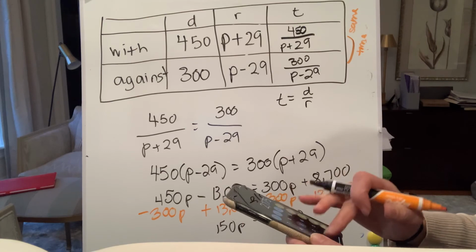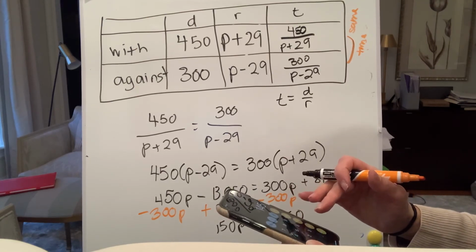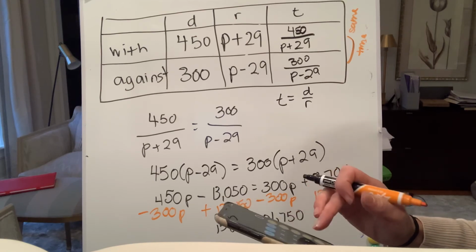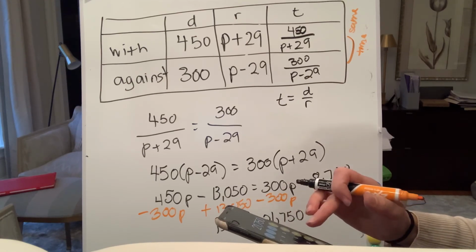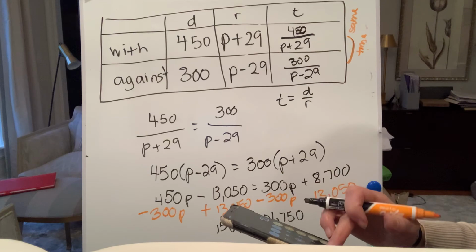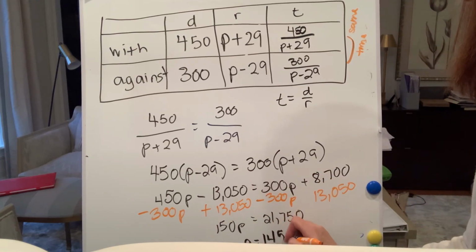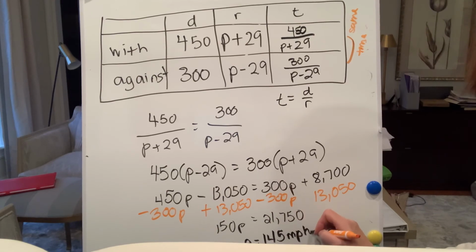I take that divided by 150. Let me do it one more time to make sure I did it right. I get P equals 145 miles per hour.